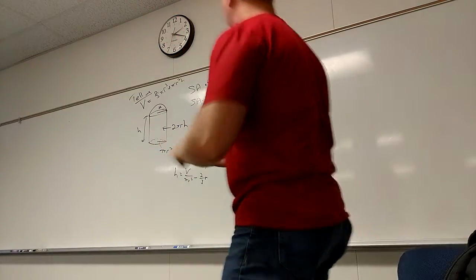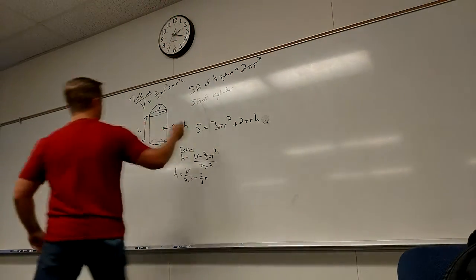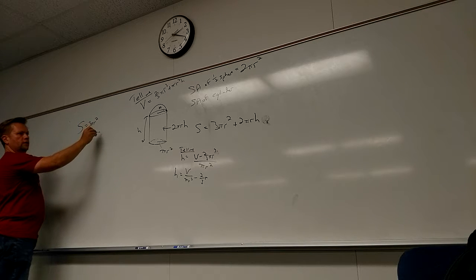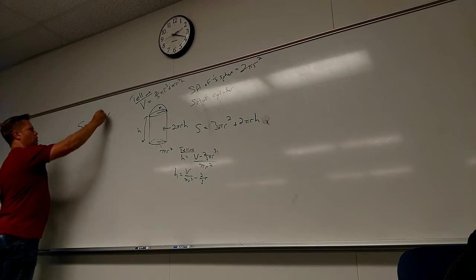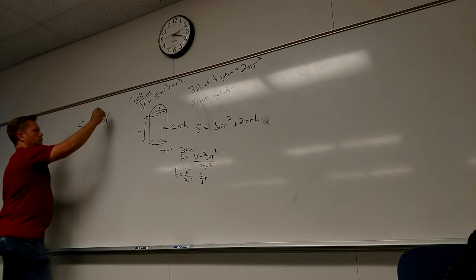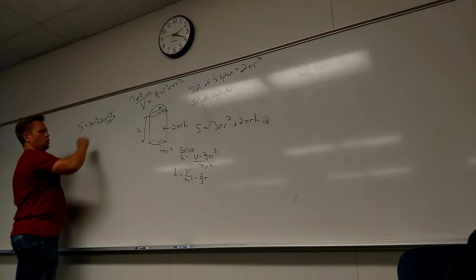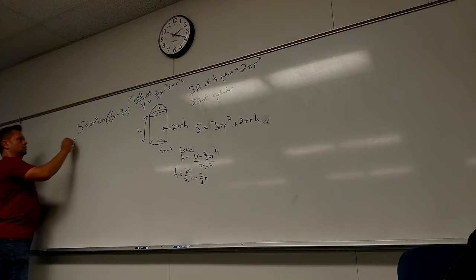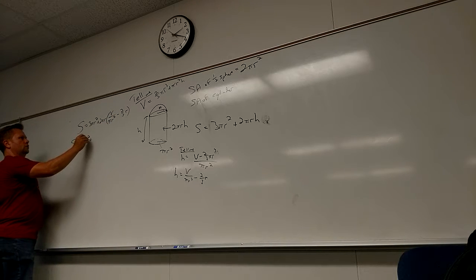All right, how are we doing here? We got surface area is 3 pi r squared plus 2 pi r times v over pi r squared minus 2/3 r. So let's clean this up a little bit.